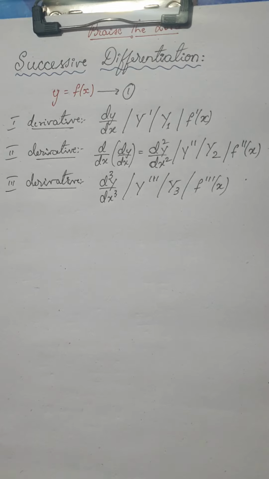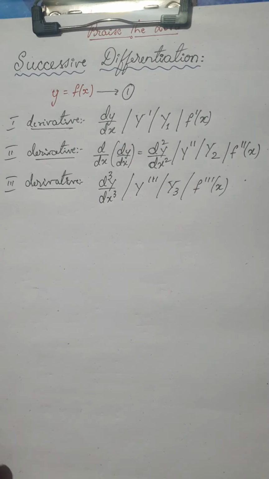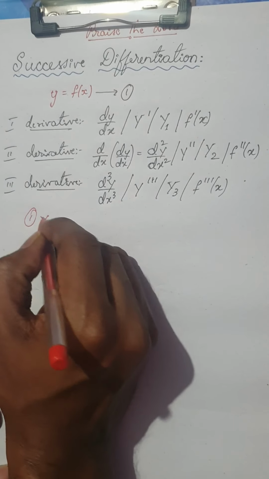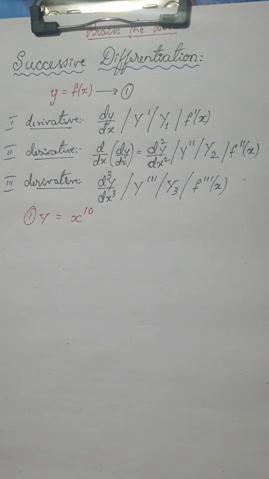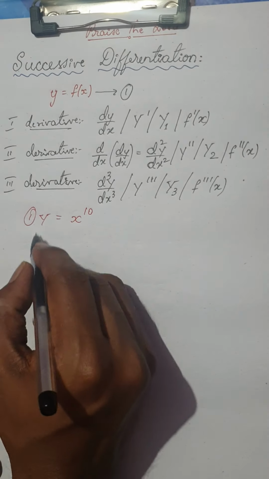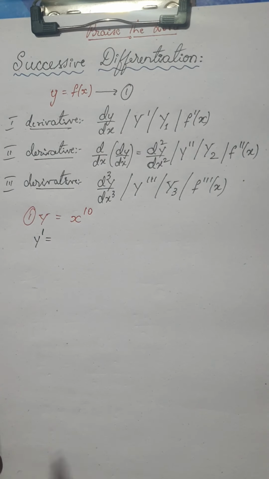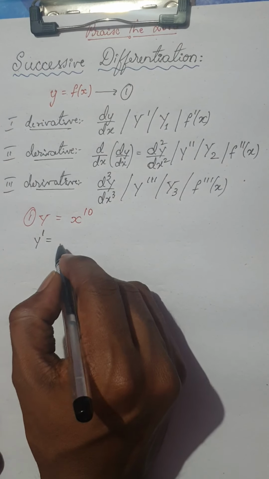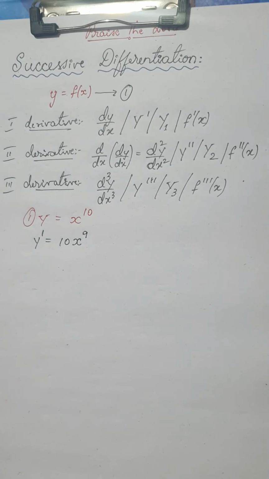You might be wondering what it is all about. Now check here. If you take an example, y is equal to, let me say, x power 10. The first derivative is y dash. I told you the first derivative is y dash. First derivative of x power 10 is, we know, 10 into x power 10 minus 1, that is 9.